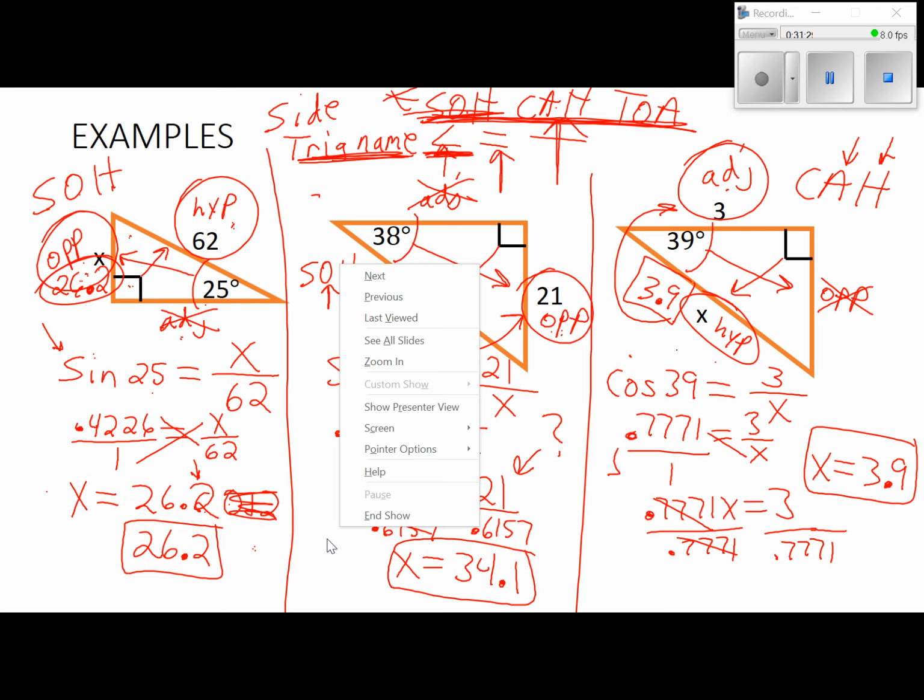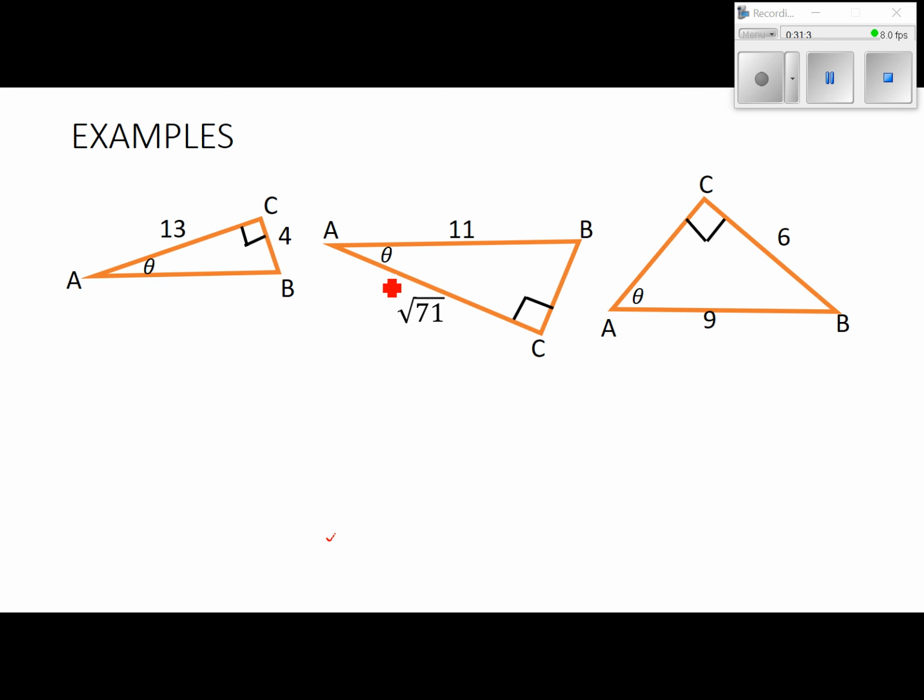Finding angles. Find an angle in a right triangle. So this is finding angles. Again, some of the stuff we gotta remember: the SOHCAHTOA. I'm gonna write that up here.